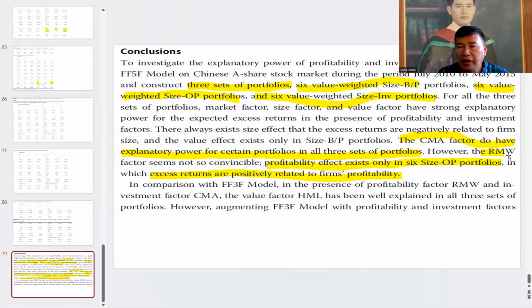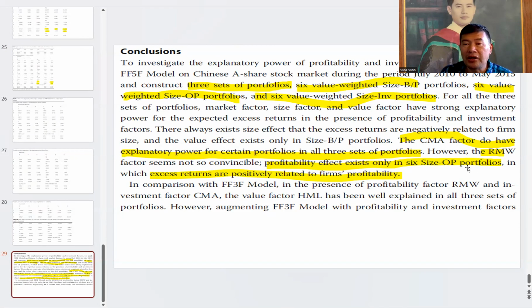That's why the conclusion here, the top three over here, okay? However, the RMW or the profitability factor or return on equity factor, okay, seems not so convincing. The profitability or return on equity factor effect exists only in the 6-size operating portfolio, okay?